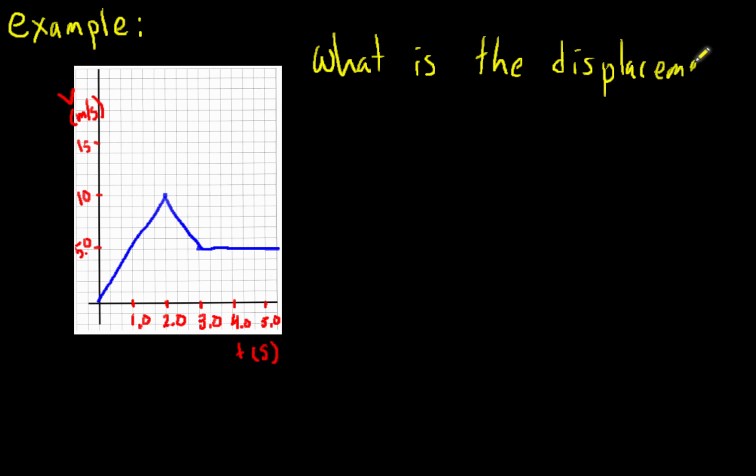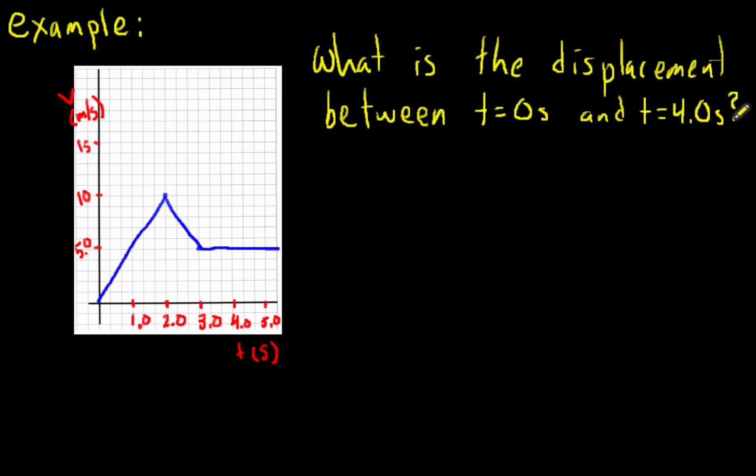What is the displacement between time equals 0 and time equals 4 seconds on this v versus t graph? We start by realizing that there's several areas going on in this picture. We have two triangles and a rectangle.